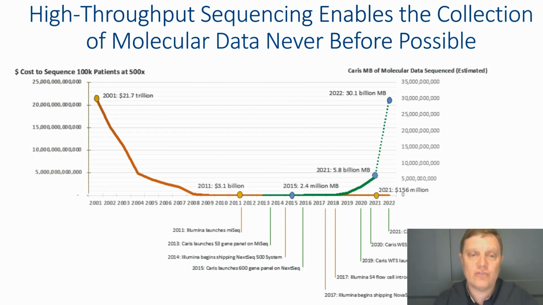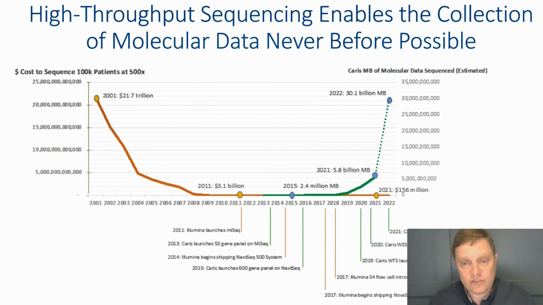And so if we tried to measure those 100,000 patients at 500x depth of coverage back in 2001, that would have cost over $20 trillion. If we tried to do it in 2011, it would have cost over $3 billion. Today, when we do it, it's costing more like $150 million, which is still a lot of money, but relative to the amount of data that we're getting out is reasonable to start to pursue.